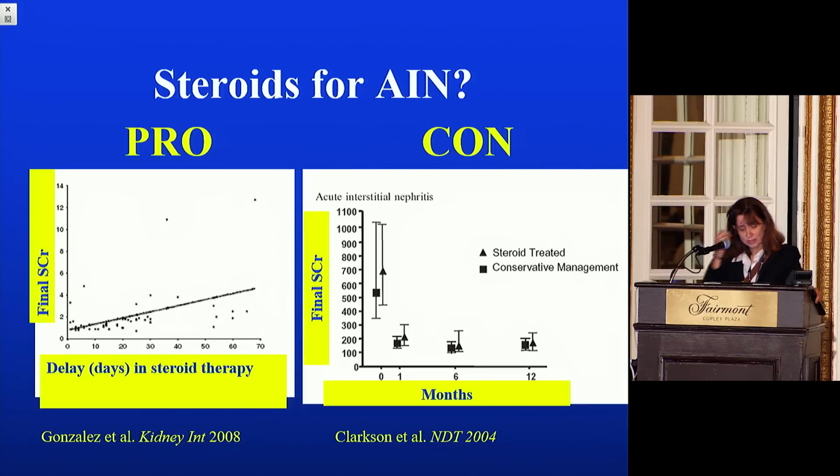These are the two large ones that we tend to cite. One was Gonzalez, published in 2008. The other one was Clarkson in 2004. Dr. Gonzalez and company found a delay in starting steroids was associated linearly with the final creatinine. If you delayed steroids, your final creatinine was likely to settle out at a higher level. Clarkson found no benefit between steroids and conservative management.